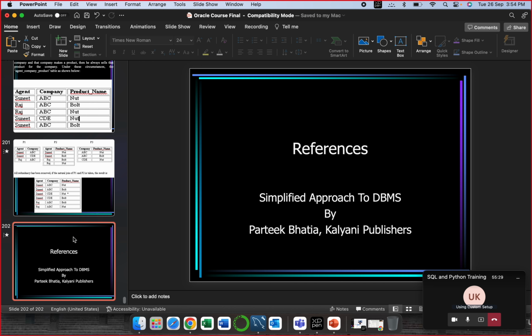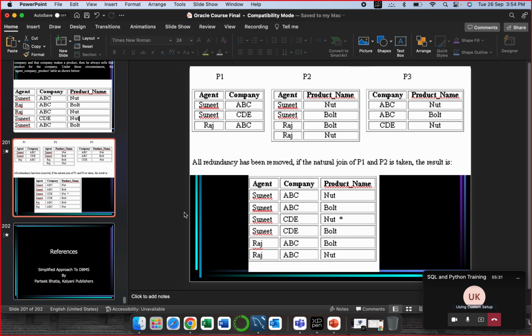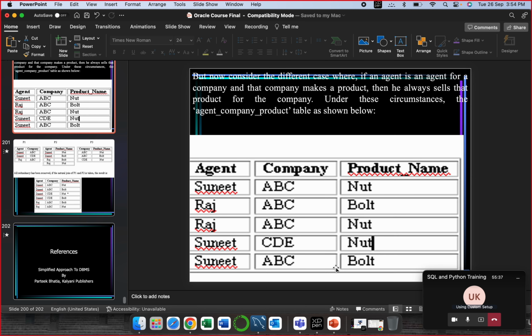But if we do a join with the P3 table, then this is the final result which gives us the clear picture.